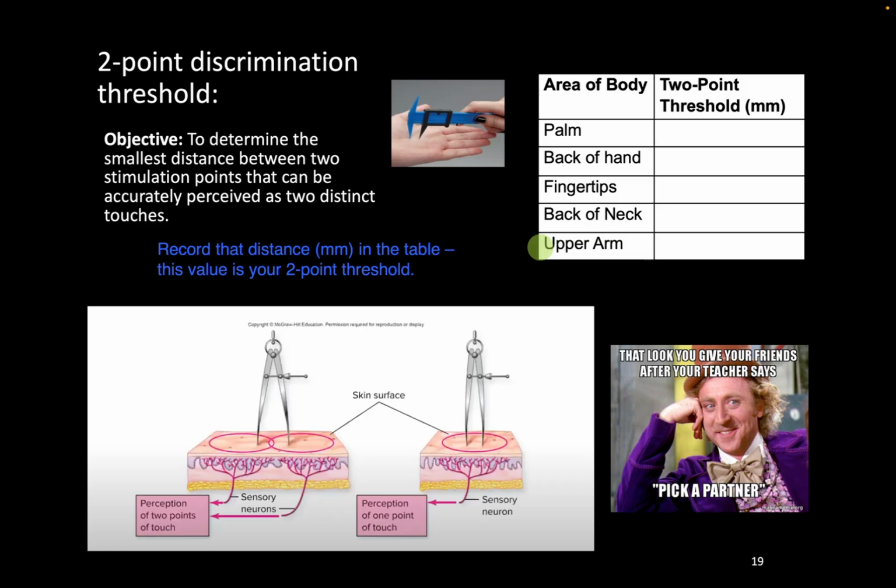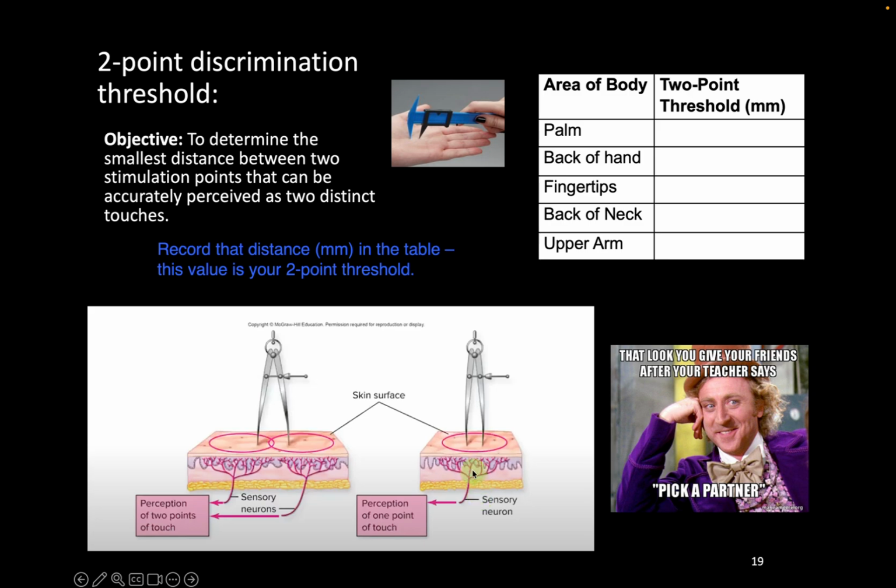Okay. So we'll talk about what the results mean. This right here is just skin. Here, there's two areas. This is one neuron and another neuron. And each neuron is responsible for its own patch of skin. So if there's one point over here and one point over here, and you push down, you get a signal from this neuron and this neuron, and in your brain, you would say two.